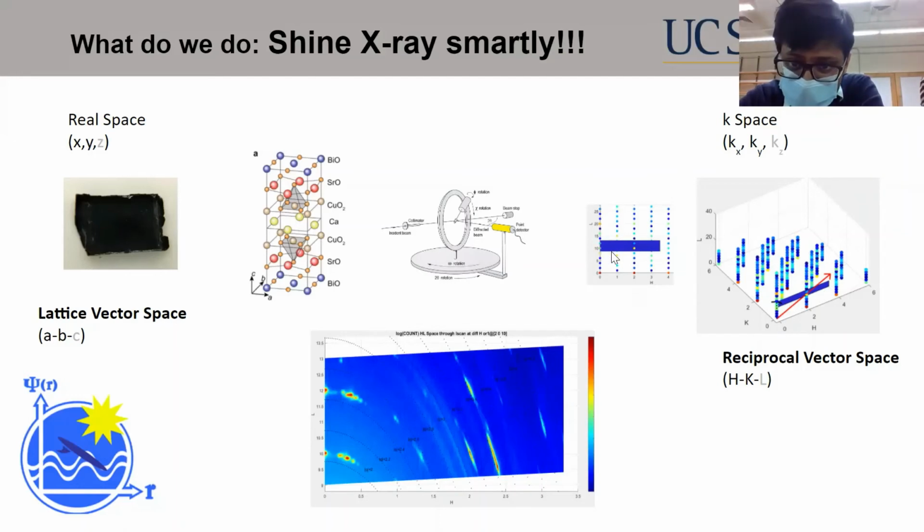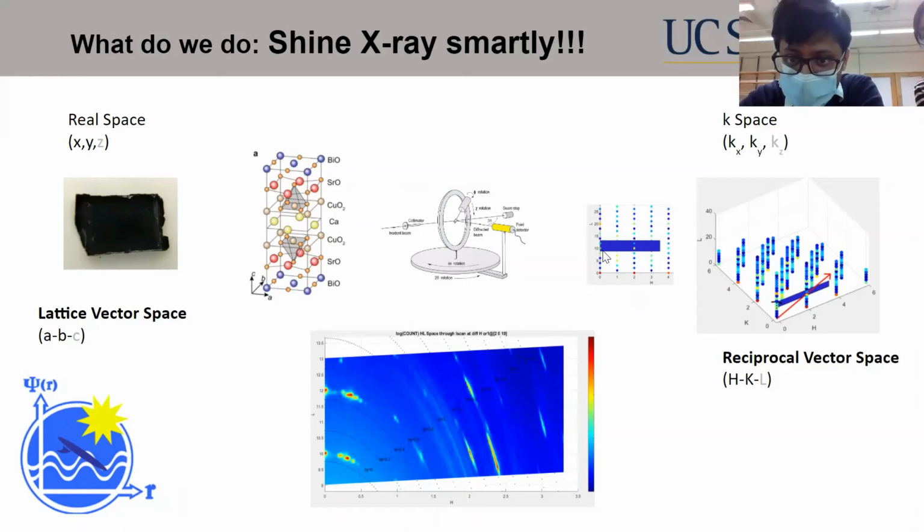Now you see here, we are supposed to see H equal to 0, L equal to 10, an intensity; H equal to 0, L equal to 12, another intensity; H equal to 2, L equal to 10, a super bright intensity; and H equal to 2, L equal to 12, another intensity.